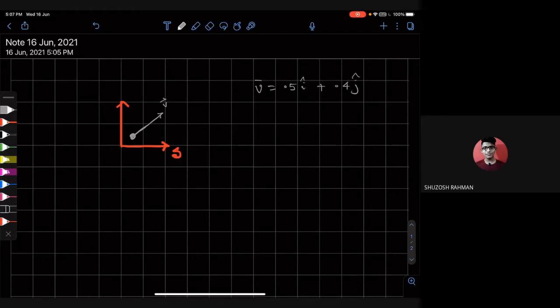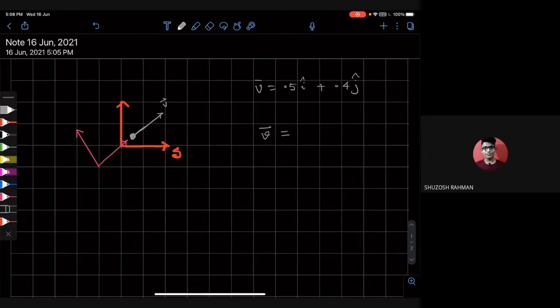Now suppose that Moon is measuring the same system but from a different reference frame. Suppose this is Moon's reference frame. She's measuring the same vector.